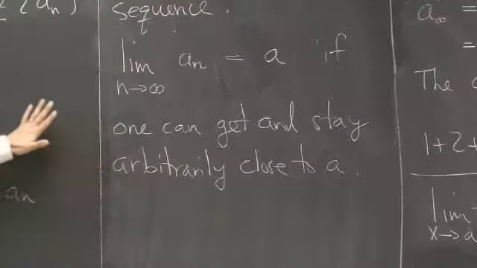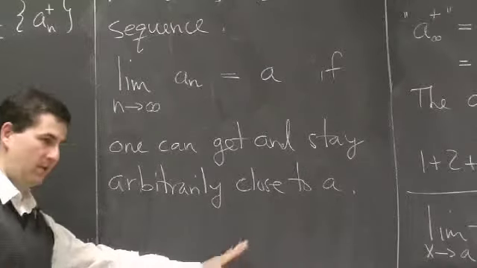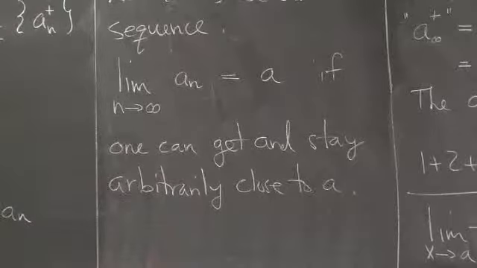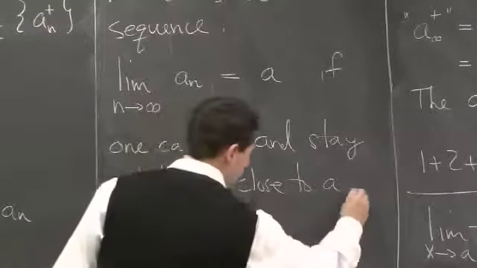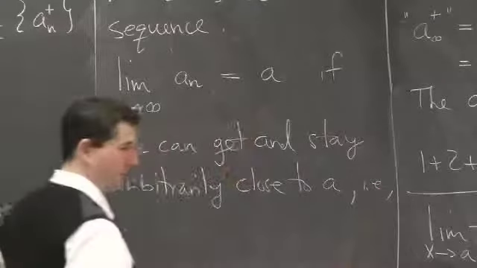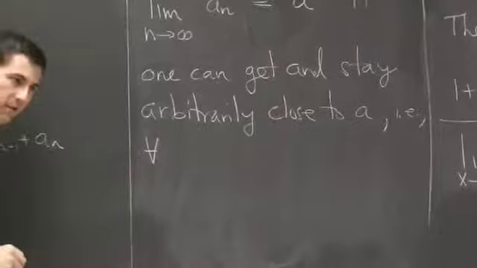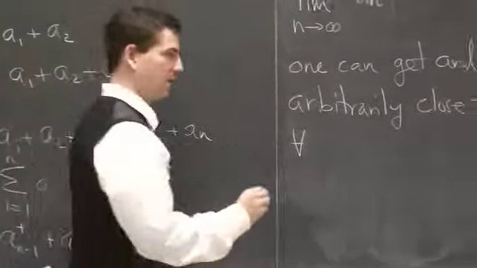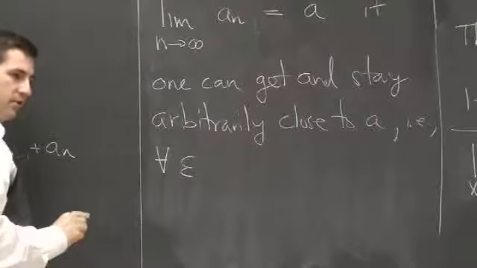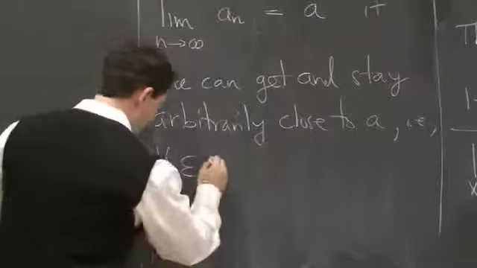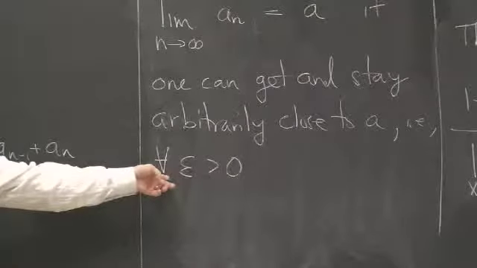I'll write down a formal way to write it. So let's write down a more precise version. Sometimes the more precise version is helpful. Now I'm going to use a Greek letter here, for those of you not in my Friday class. It's the Greek letter epsilon. We usually use it to denote a small real number. Remember the upside down A meant for all.